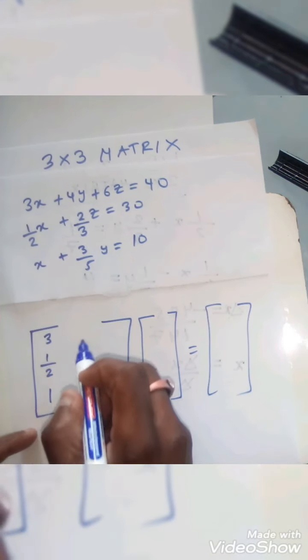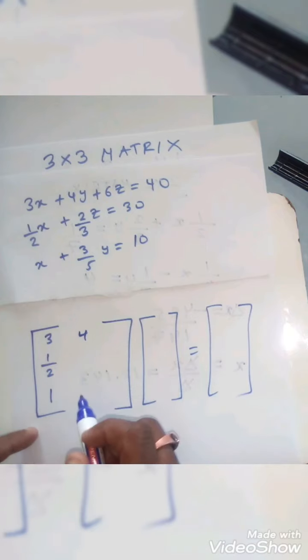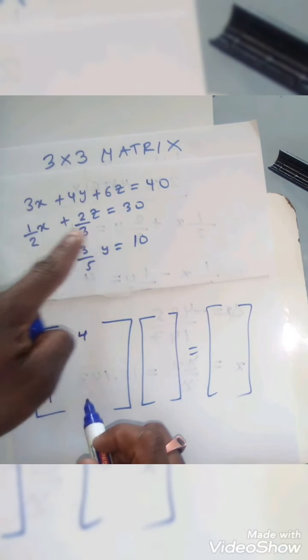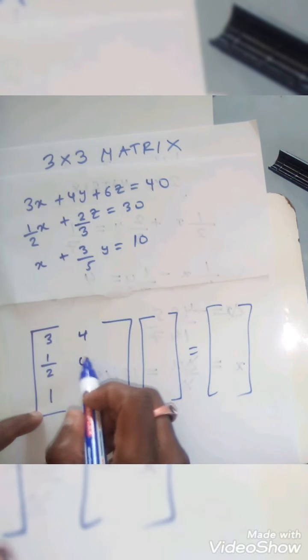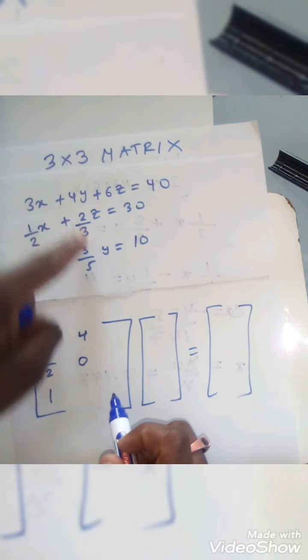Now for the coefficients of y, you need to be careful, because for the first equation, the coefficient of y is 4. But then if you look at the second equation, there is no y. So this is going to be 0. And then for the third equation, I have 3 over 5 as the value of y.